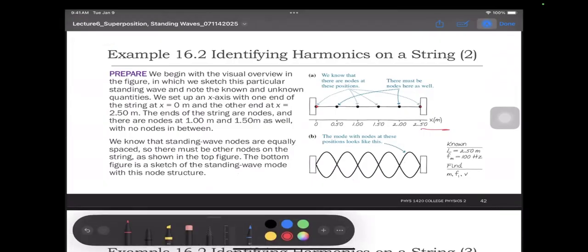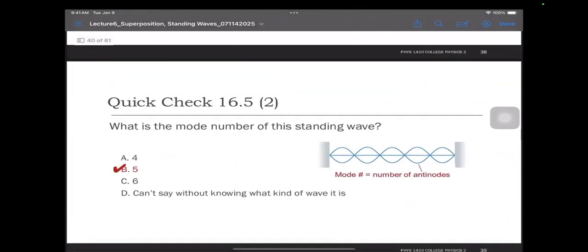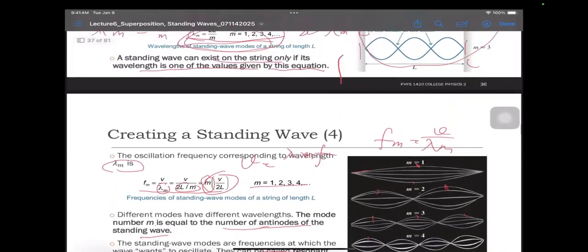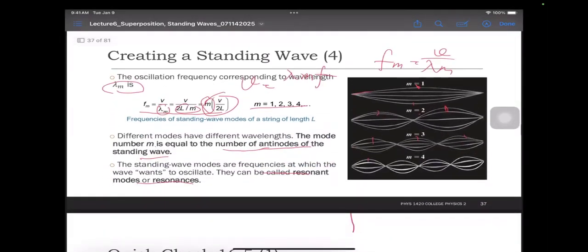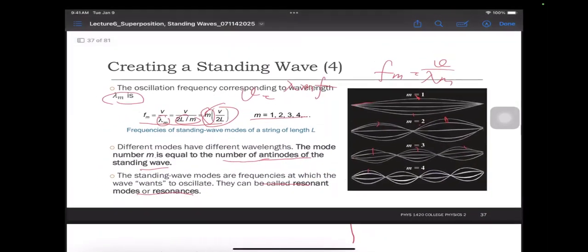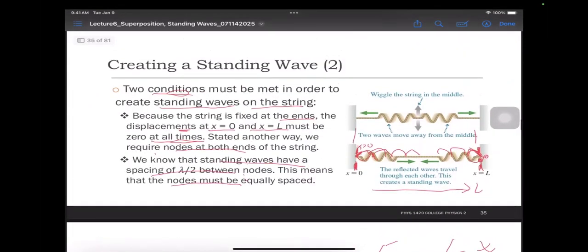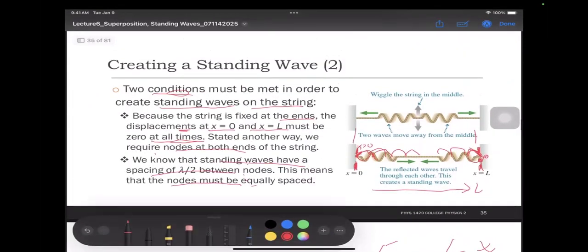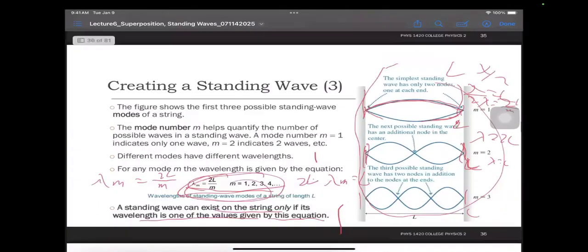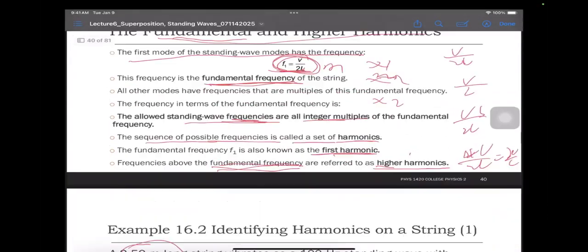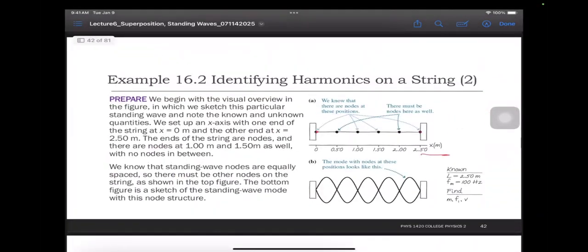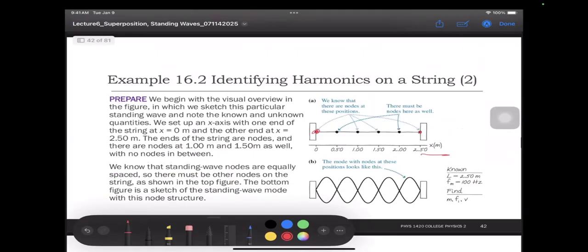The ends are fixed, so the displacement at x equals 0 and x equals L must be 0 at all times, which means they are nodes. Am I right? So here is always a node, and here is always a node.